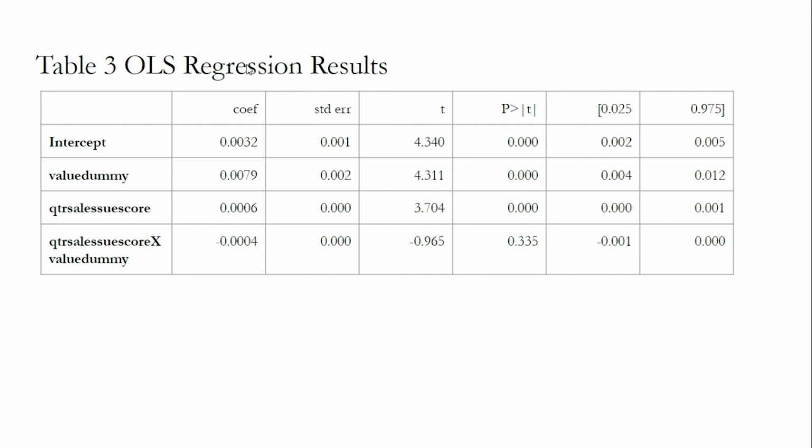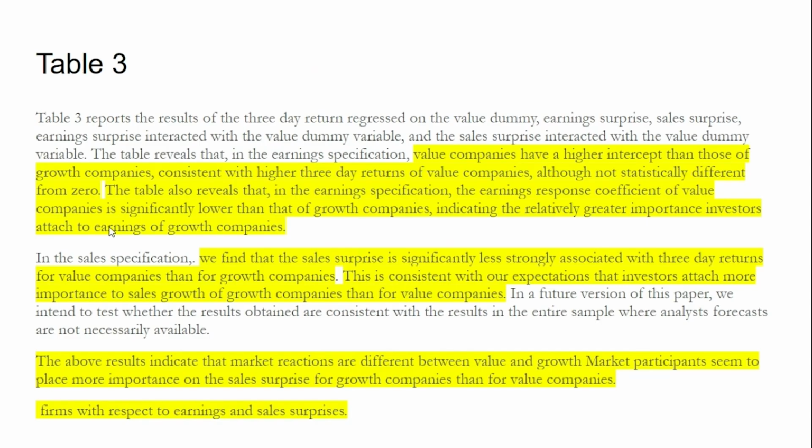We're regressing 3-day return on value dummy, quarterly sales surprise, and sales surprise interacted with the value dummy. Okay, so table 3 reports the results of the 3-day return regressed on the value dummy, earnings surprise, sales surprise, earnings surprise interacted with value dummy, and the sales surprise interacted with the value dummy variable.